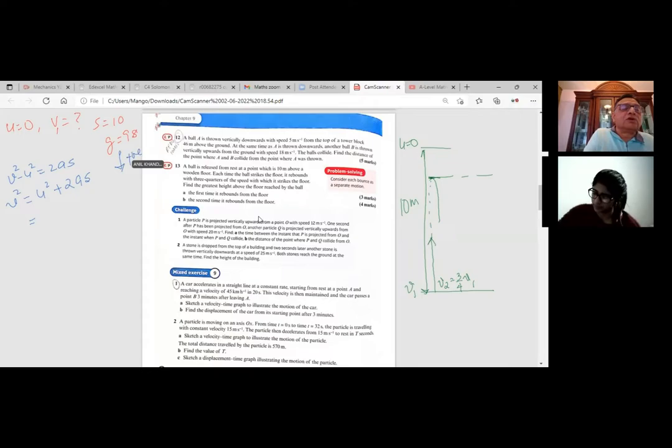So u is 0 plus 2 times 9.8, and the distance is 10. Therefore, we have v square equals 196. Then take the square root, and you get 14 meters per second.